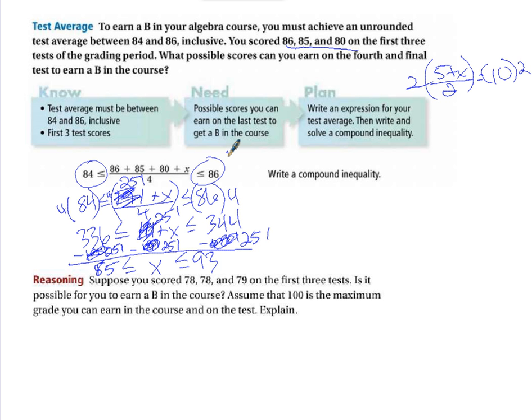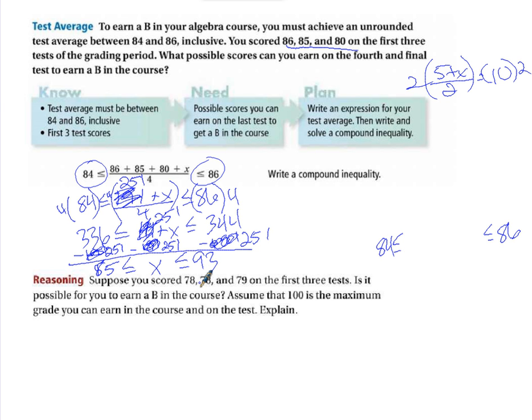Could be possible? How would we figure this out? So do the same thing as we did before, right? The B average is still 84 to 86, and we need to be between 84 and 86. We're going to add the 4 numbers together.